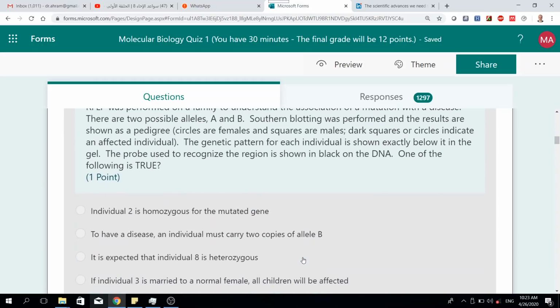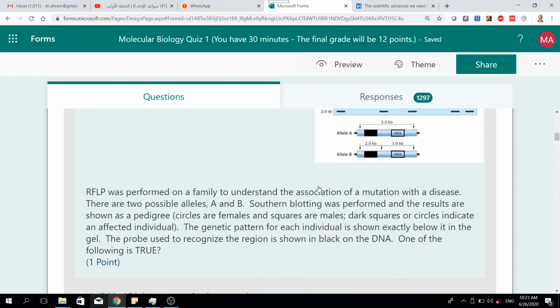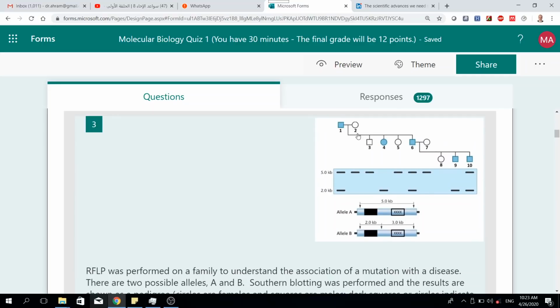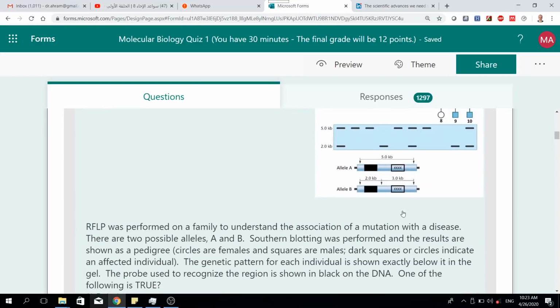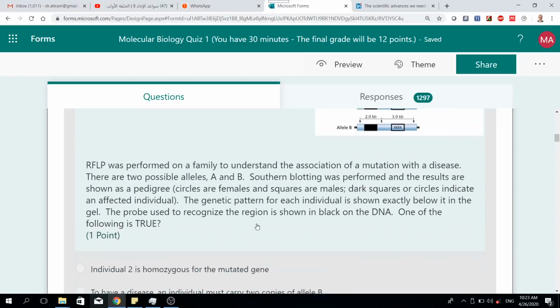So let's see. Individual 2 is homozygous for the mutated gene. Where is it? That's individual 2, right here. Having only one fragment, 5 kilobase, she is actually homozygous for allele A, not allele B. So that's the mutated allele right here.